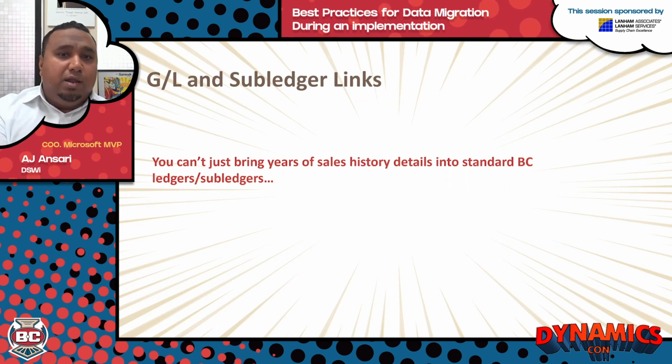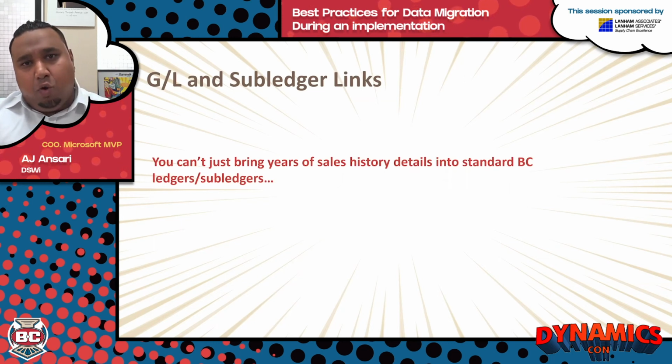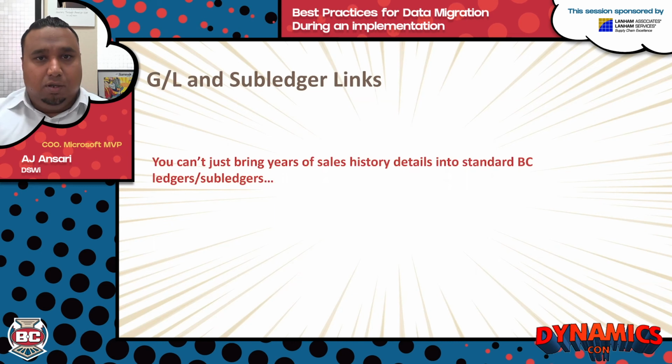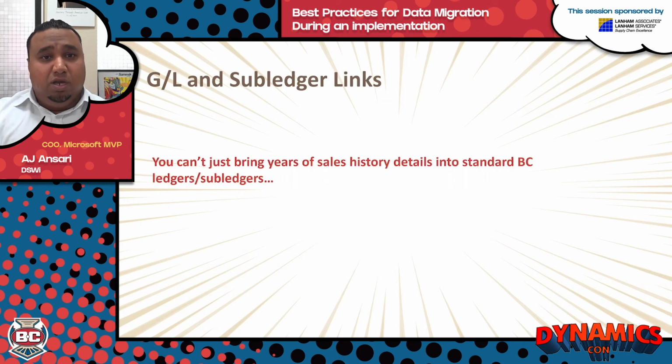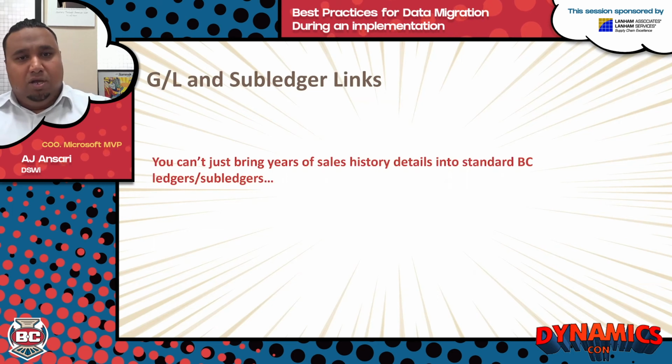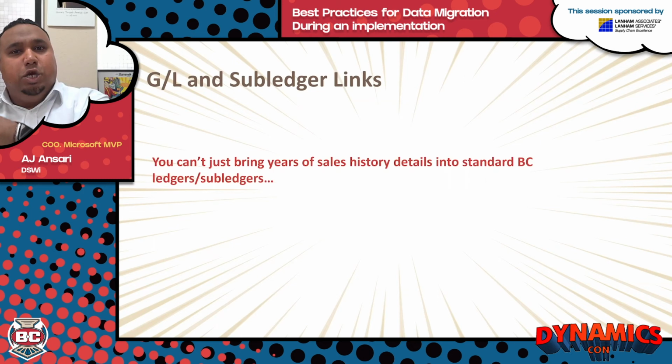Well, remember early on in the presentation, I talked about when you post a transaction in Business Central, multiple things happen. So if I have a sales transaction and I say I fulfilled that sales transaction, it doesn't just go and sit in a table disjointed from the general ledger. It posts to the general ledger as well. It's going to post to the customer subledger the date of the transaction, who the customer is, the amount, and when it's due, and if it's been paid.